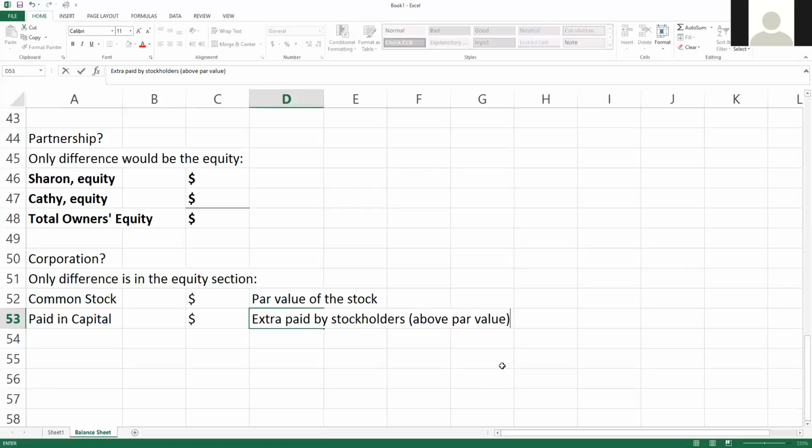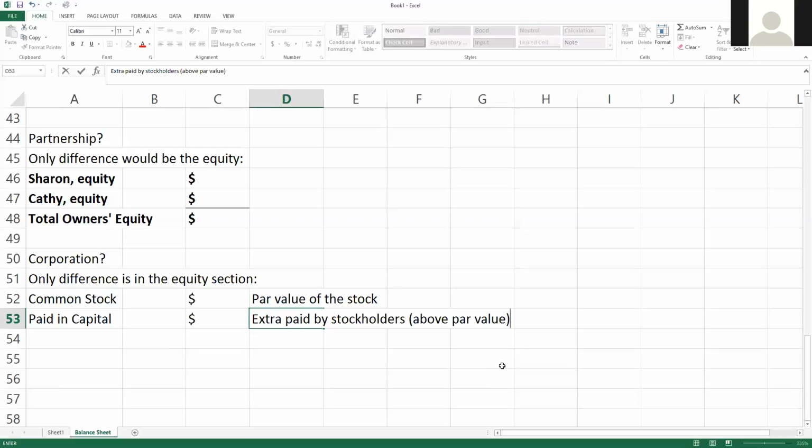We might say it has a $1 par value, a $5 par value, even some fractional amounts, $1.07, some crazy numbers, but we're going to stick with real simple, like $1 par value. That is an arbitrary number that's put on it when the company was first organized.